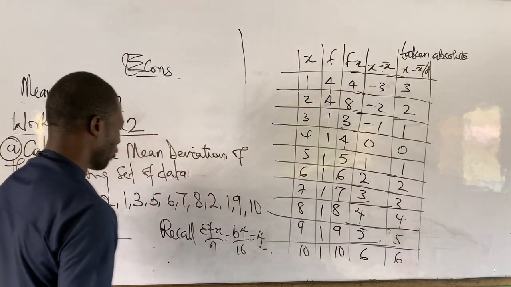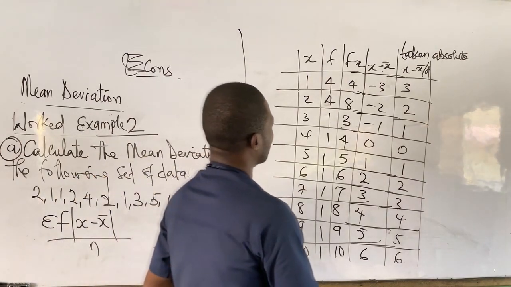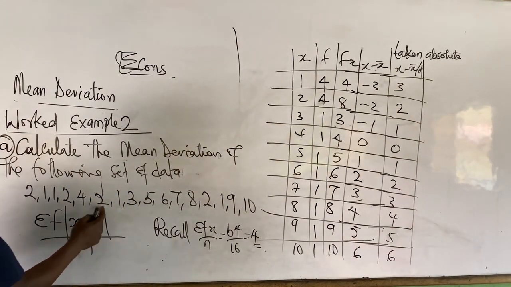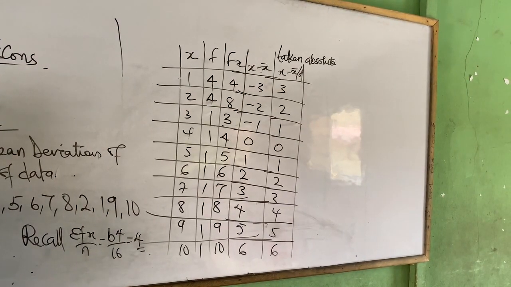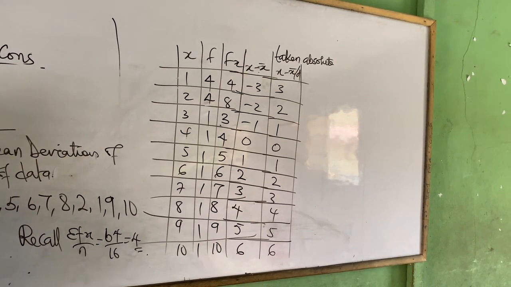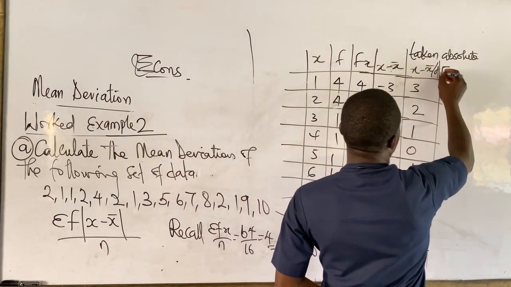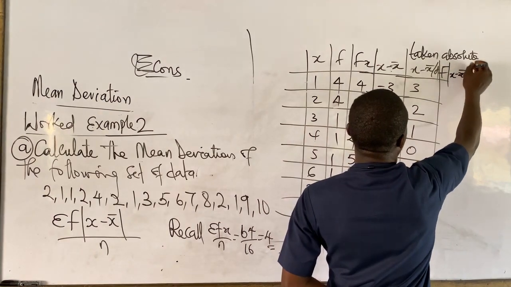So definitely we go straight to our formula, which we know as summation f times the modulus of x minus bar x, all over n. So therefore we still need f times the modulus of x minus bar x. So let's have it here.